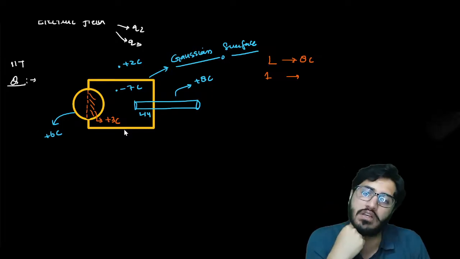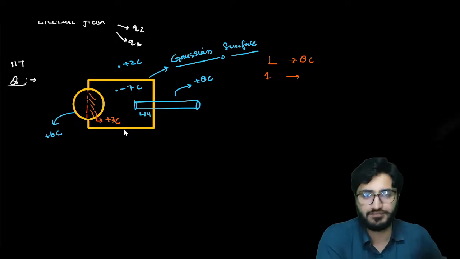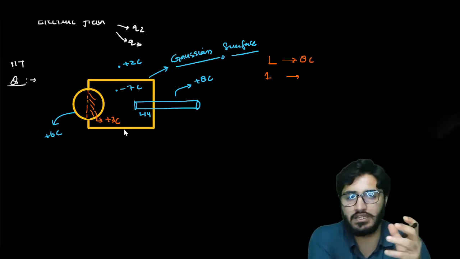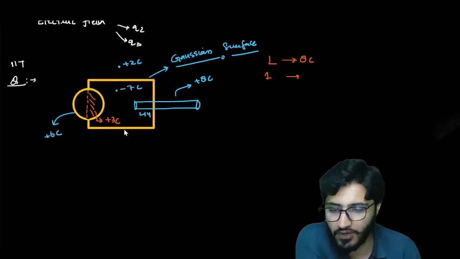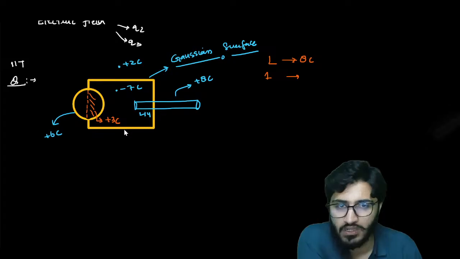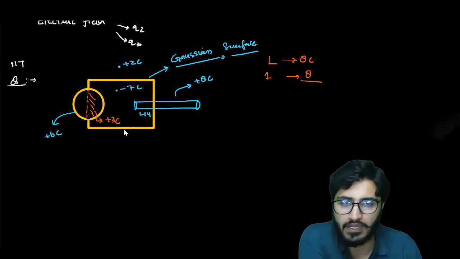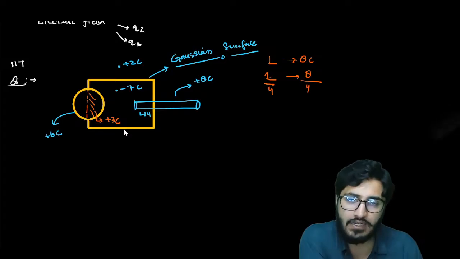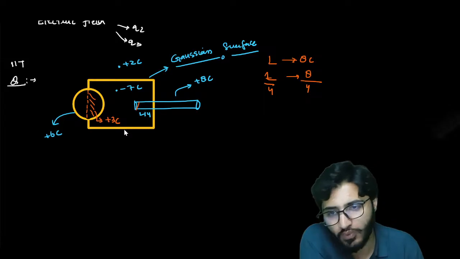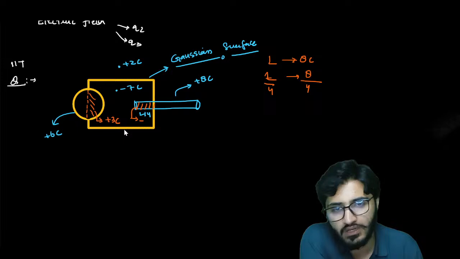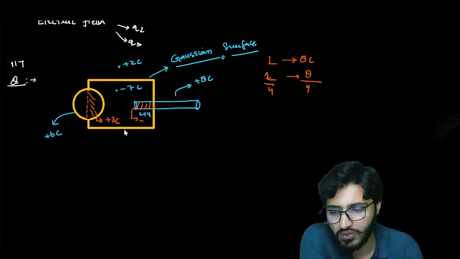For L by 4, I can write 8 by 4. So this portion is having a charge of plus 8 by 4, that is plus 2 coulomb.